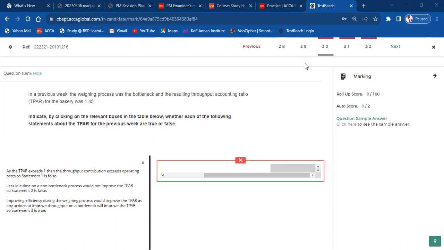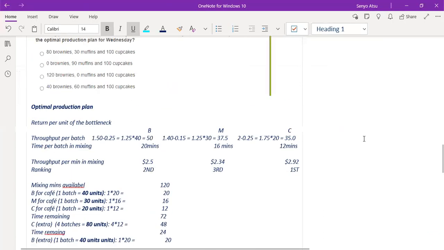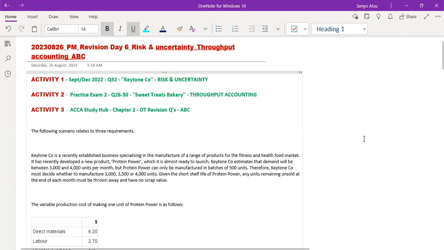Okay, any questions? We've got 10 minutes remaining on my Zoom clock here. I'm sure we'll be checking out, coming back immediately, no break. And I want to open up at chapter 2. Look at revision questions on activity-based costing.